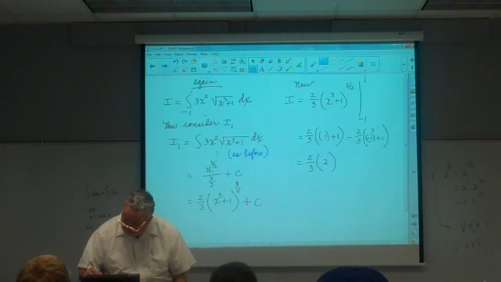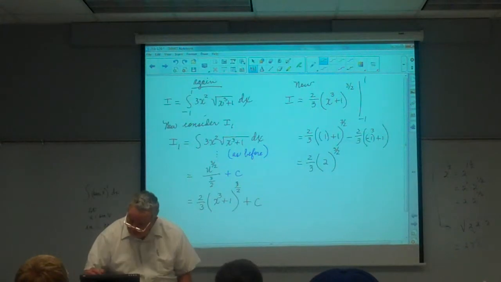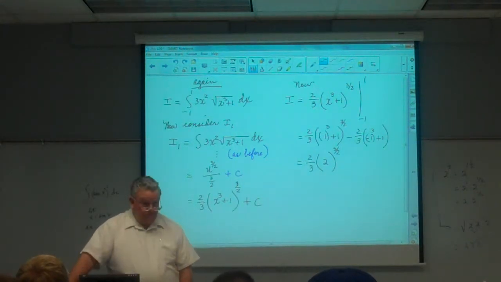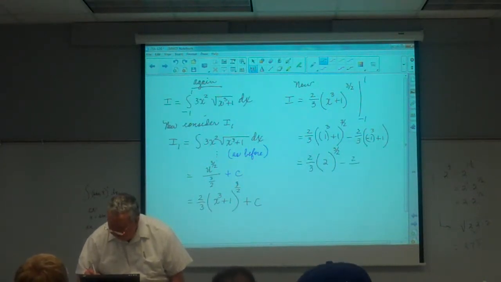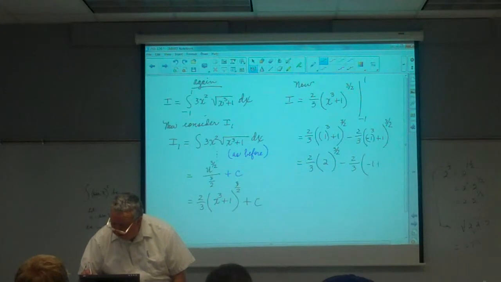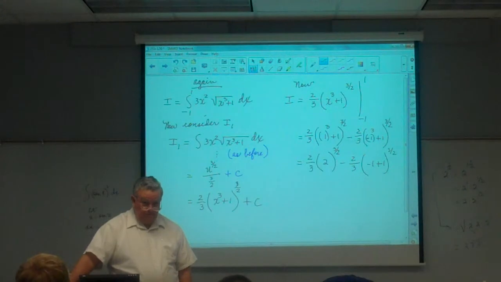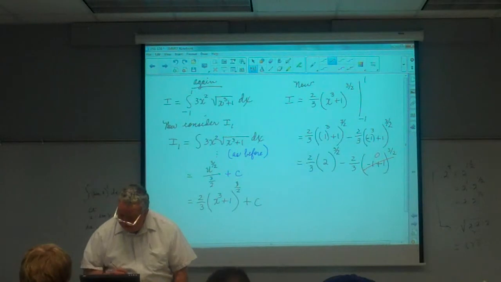Oh, yes. It's still one. No, the parentheses. 2/3 times, and I need the 3 halves right there, yeah, times -1 plus 1 to the 3 halves. Everybody agree? But that's 0, so I'm through.